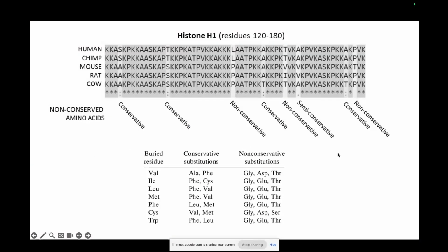So here is one example of such a conserved protein. Histone, as I was talking about in the last class as well. Histones are positively charged proteins which are multimeric in nature.